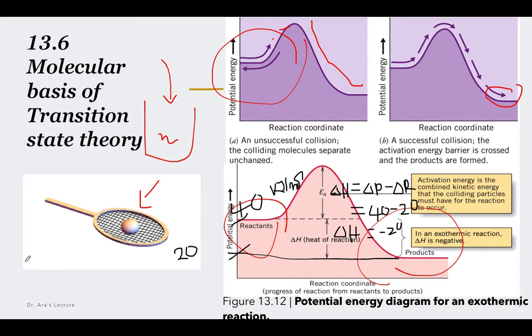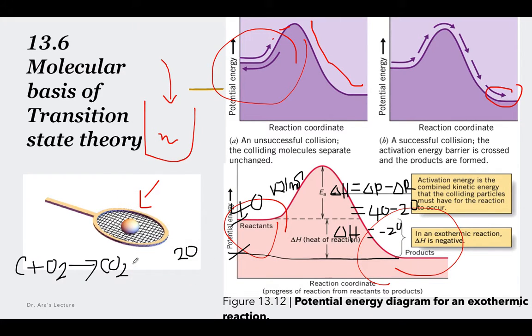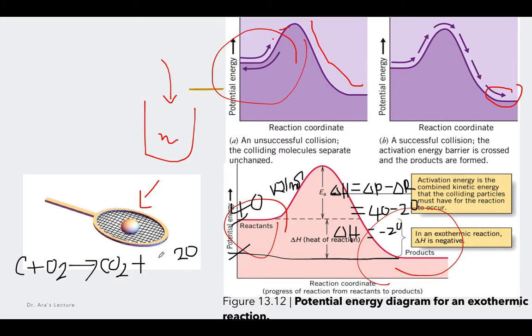The combustion reaction is the common example of an exothermic reaction, like carbon plus oxygen when we fire wood or any type of combustion, giving carbon dioxide plus heat, I mean the releasing heat.